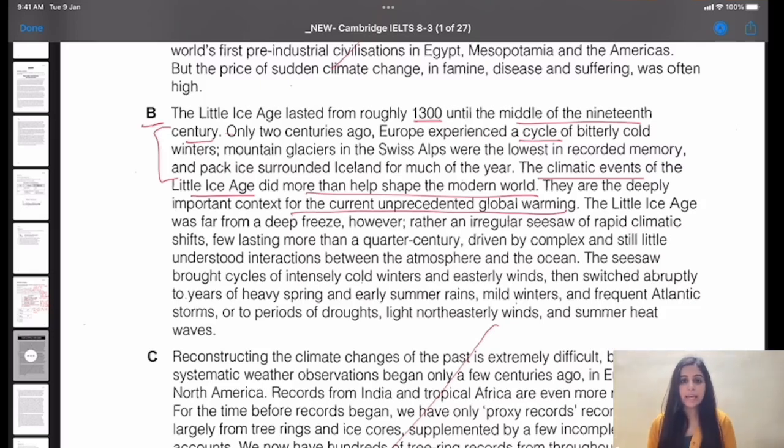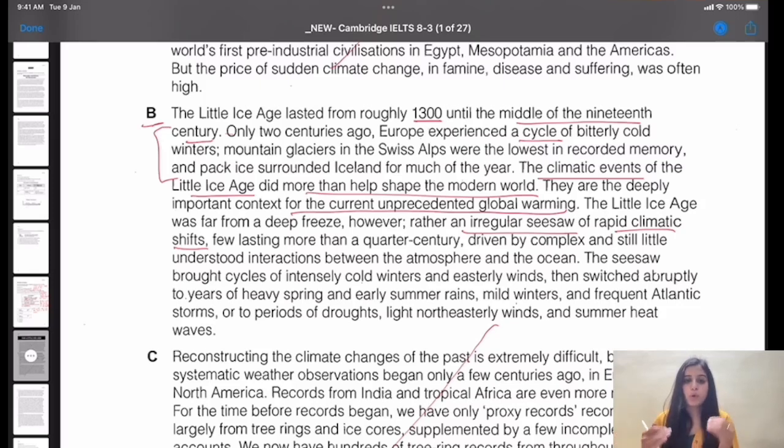The Little Ice Age was far from a deep freeze, however, rather an irregular seesaw of rapid climatic shifts. So they're trying to tell you that the Little Ice Age was not only about the frozen times or prolonged winters. It was a rapid switch, or there were shifts or seesaw, few lasting more than a quarter century, driven by complex and still little understood interactions between the atmosphere and the ocean.